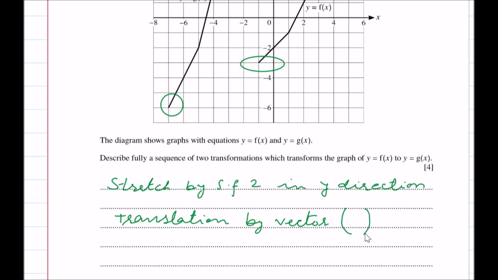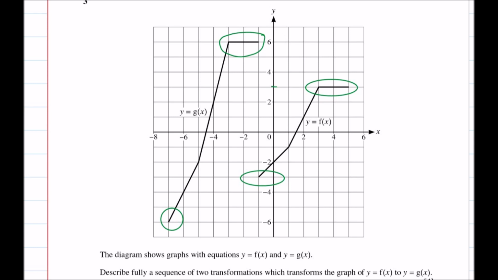Okay, let us go to the graph. Now you can see here, just take one point. I am taking this point here at this corner. Now it is shifted over here.